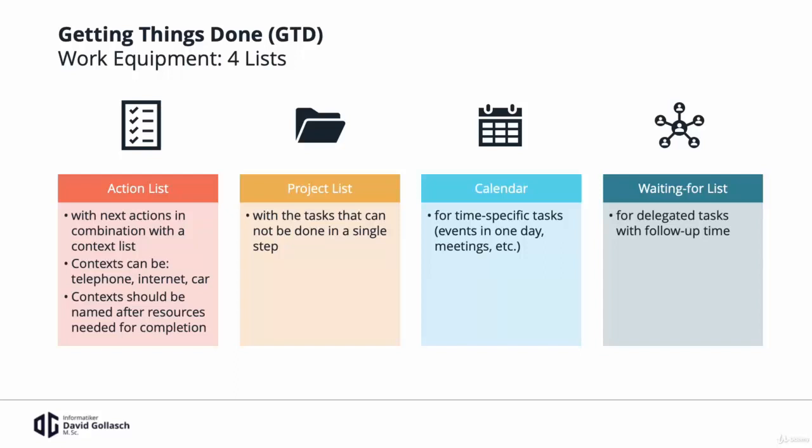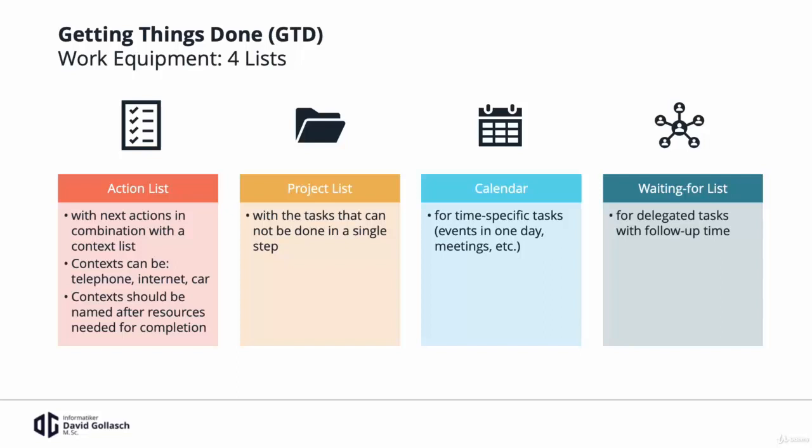There is at first the action list. This is a list that contains all of the next possible actions that you're going to do. And it's just a list of the currently active or currently available actions that you're going to take.